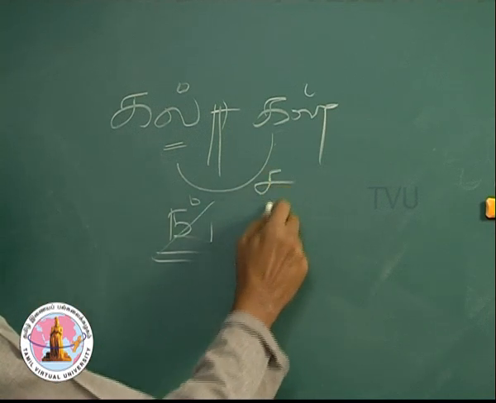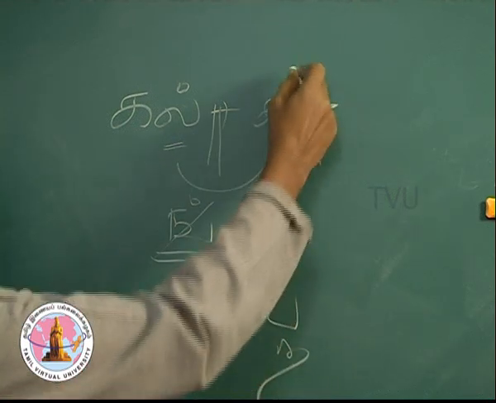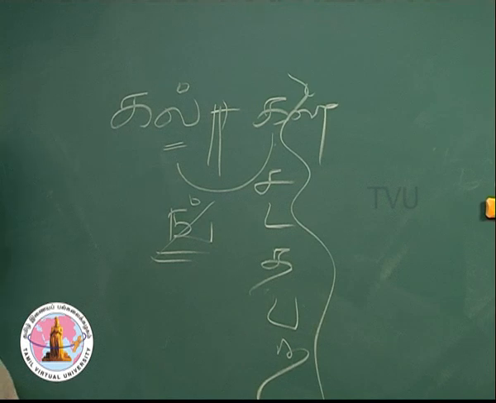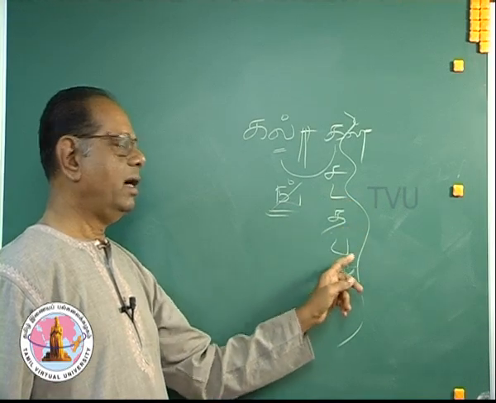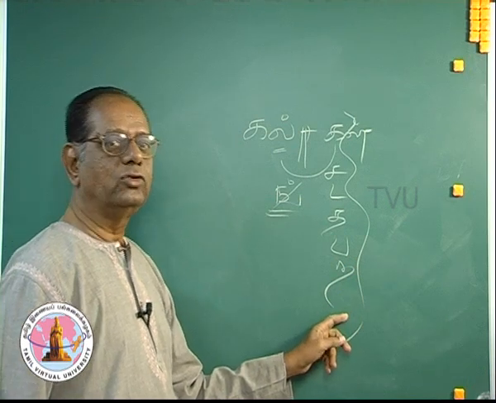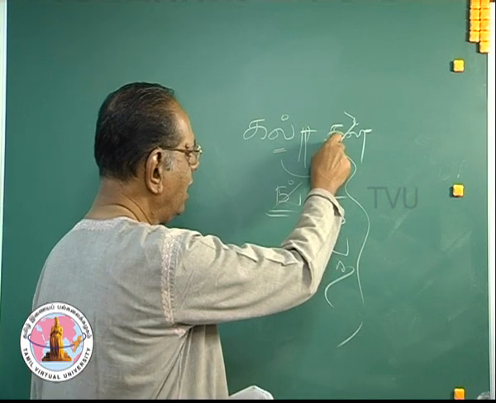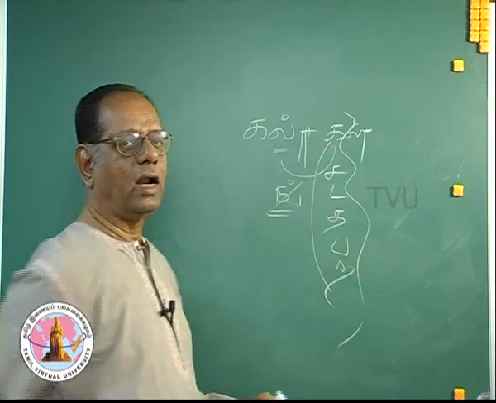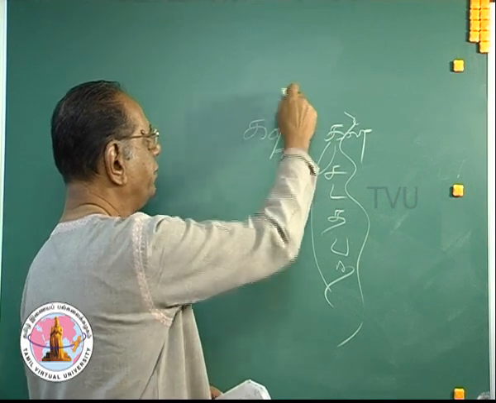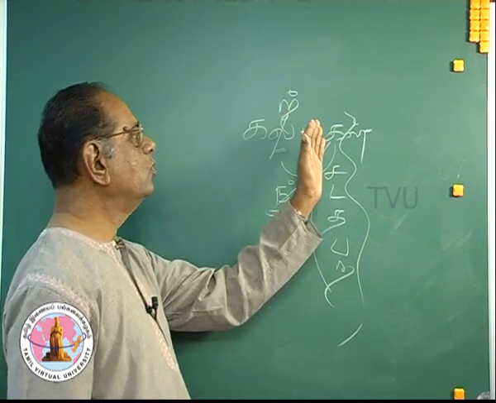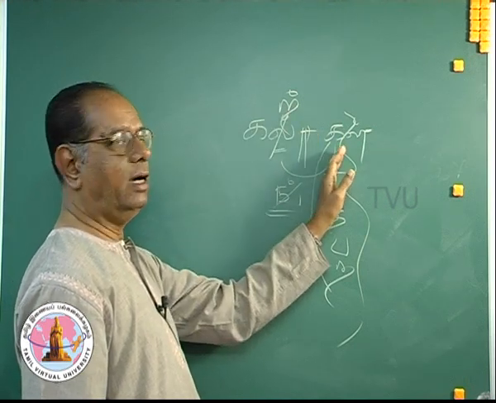You have a list like this: ka, cha, ta, ta, pa and ra. These are surds or hot sounds. So this ka is related to ra. So naturally, if that is brought here, the pronunciation will be smooth. Instead of kal plus kal, it becomes karkal.